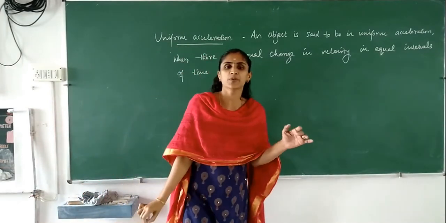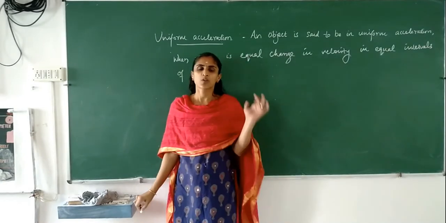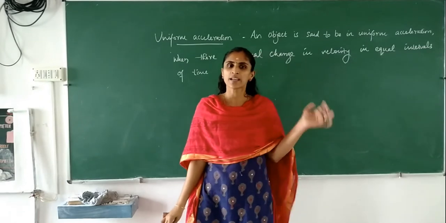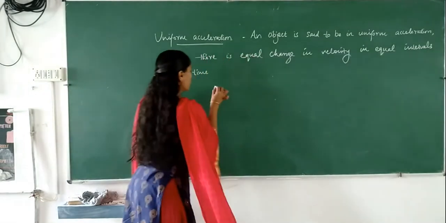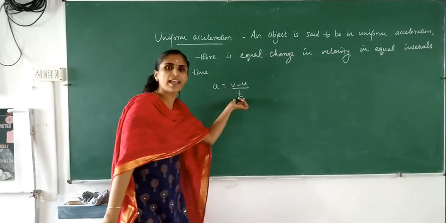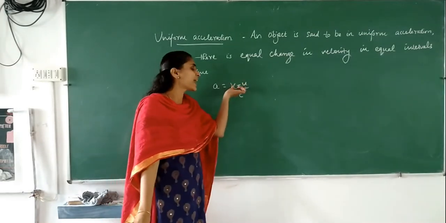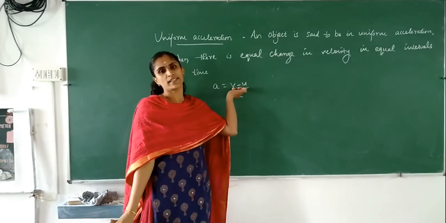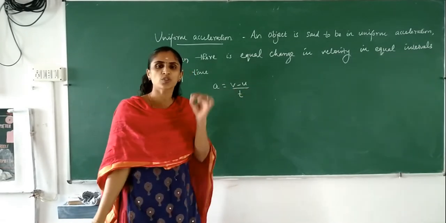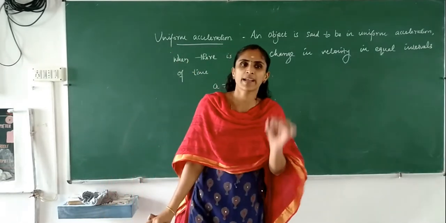So what is meant by uniform or constant acceleration? When will acceleration be constant? You know the formula, a is equal to v minus u by t. So in the same interval of time, if the same change in velocity, v minus u, is there, we can say acceleration is constant, or uniform acceleration.